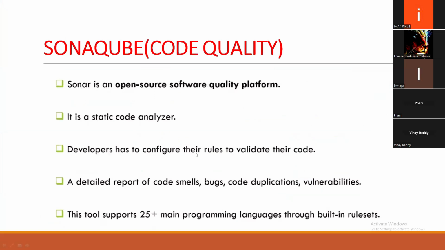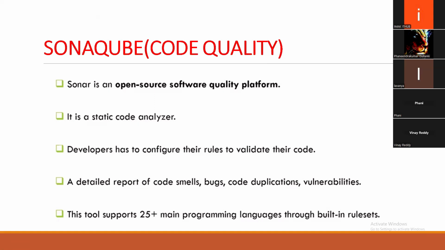So what is SonarQube? SonarQube is nothing but code quality. For example, if your application is written in Java, we need to validate the code also. How can we validate the code? We can validate the code by using SonarQube. SonarQube is an open source software quality platform.